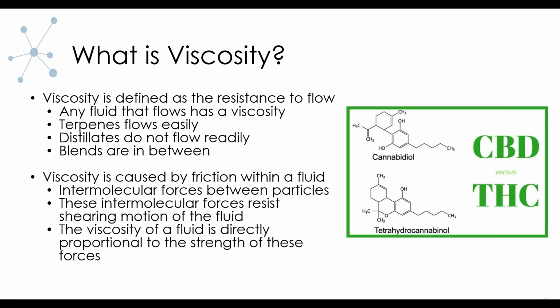For example, in very viscous fluids, the molecules tend to like to stay connected, and that movement is very difficult. However, in low viscosity samples like water, the water molecules can move freely over each other, so the friction is actually very low. This is an example of THC as well as CBD.